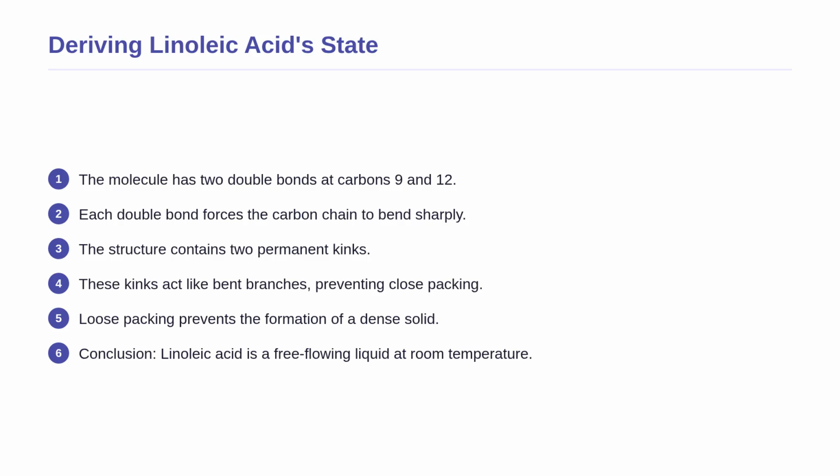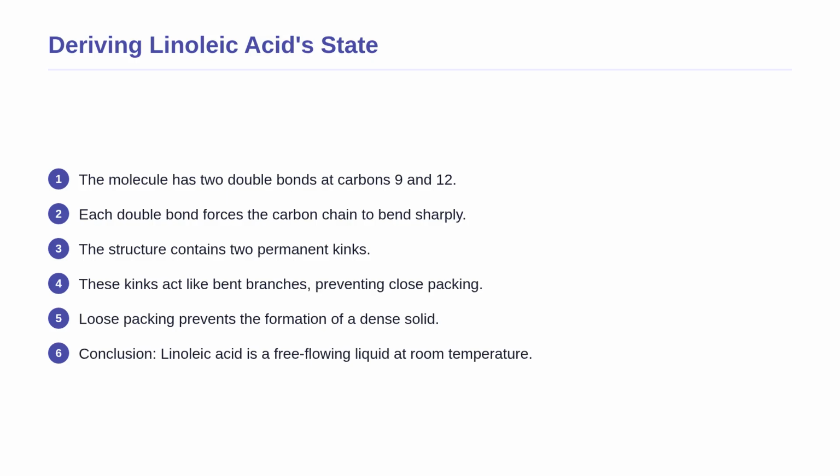Let us logically derive the physical state of linoleic acid from these structural features. We established that there are 2 double bonds at positions 9 and 12. Because carbon geometry changes at a double bond, this molecule has 2 sharp kinks or bends in its physical structure.